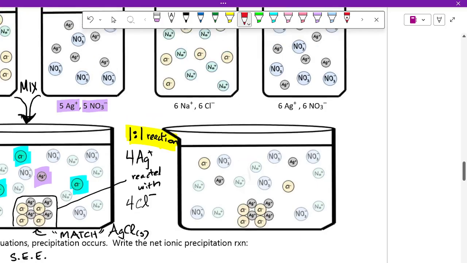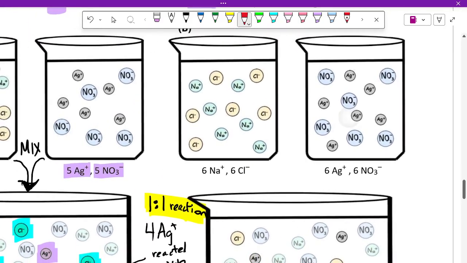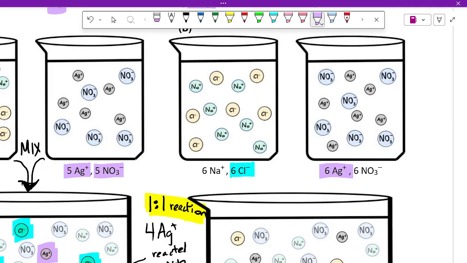Here we have, oh, and I've done something maybe not so clever here. I've put the same amount of things. I've made the solutions the same volume. I've made the solutions the same concentration. So here, this time I have 6 chlorides and I have 6 silver.